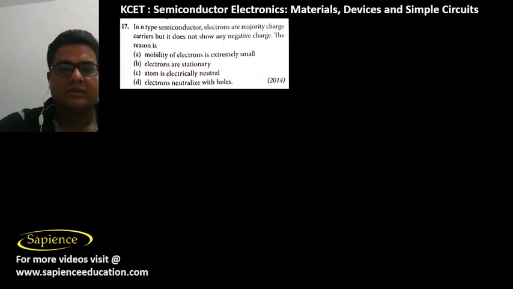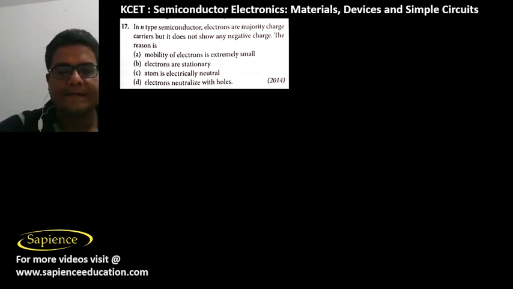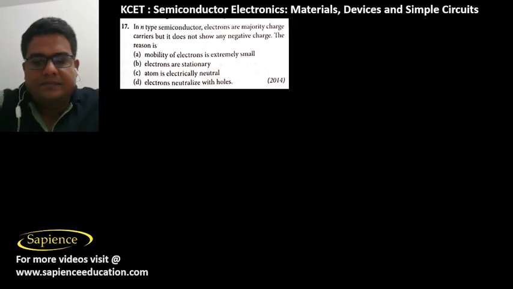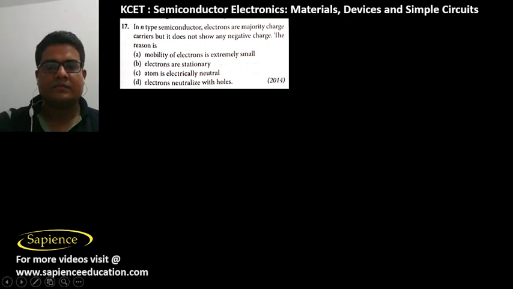Question number 17 is told in n-type semiconductor, electrons are majority charge carriers, but it does not show any negative charge.